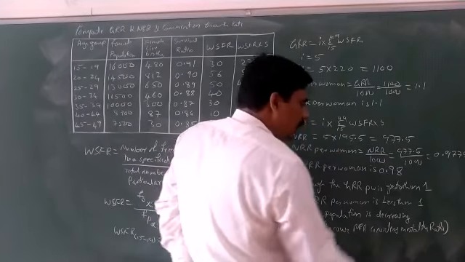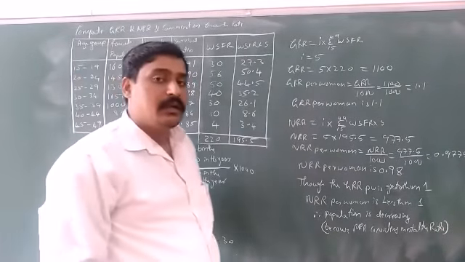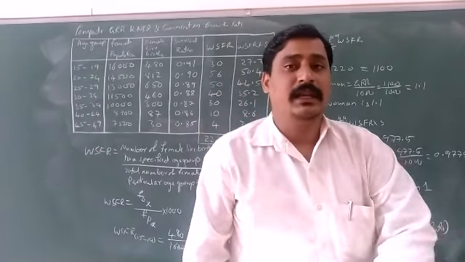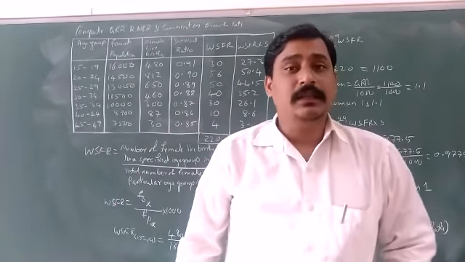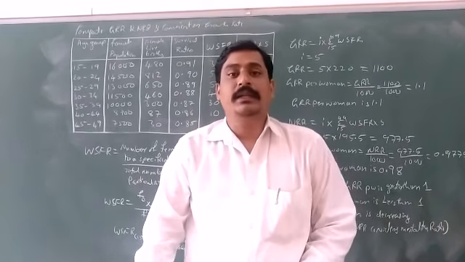So when we calculate both GRR and NRR, and GRR is greater than 1 and NRR is less than 1, population is going to decrease. Why do we consider NRR? Because it considers the mortality ratio, which gives us an accurate result.